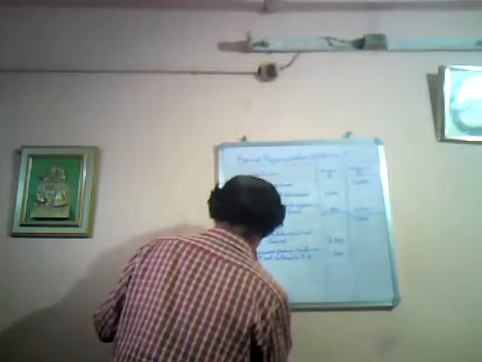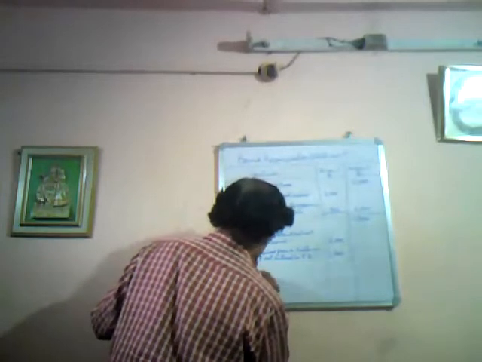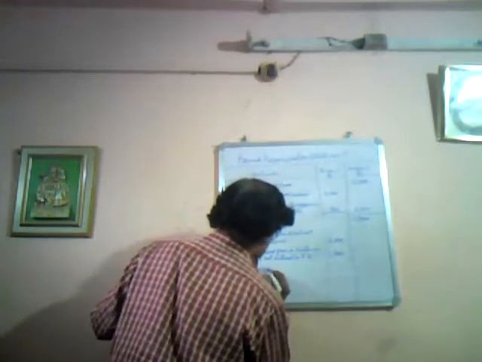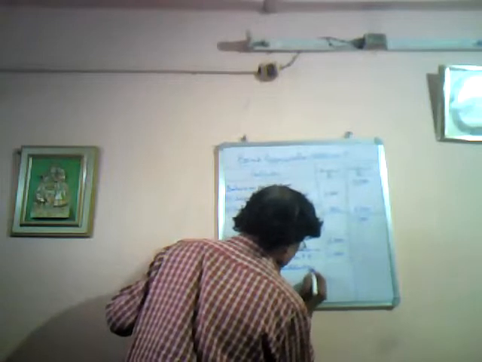Next, minus bank charges. Bank charges debited in the passbook only, 20 rupees. Now it comes to 4,020.